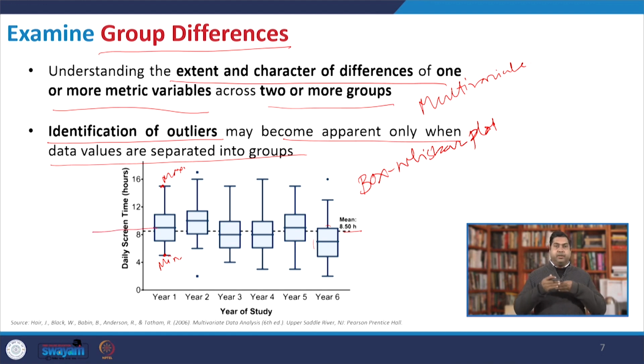So, normally in this case we are dividing the whole set of data into quartiles: 25th percentile data, then the 50th percentile, 75th and 100th. Normally, the lower limit of the box is your 25th percentile data, the median is 50%, and the upper limit of the box is the 75th percentile.